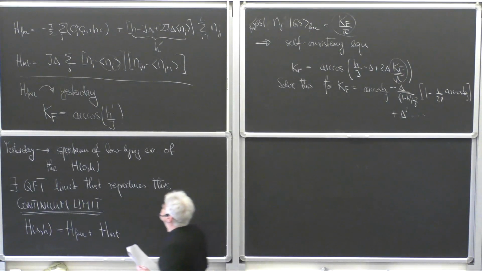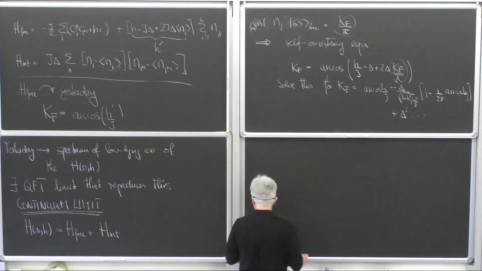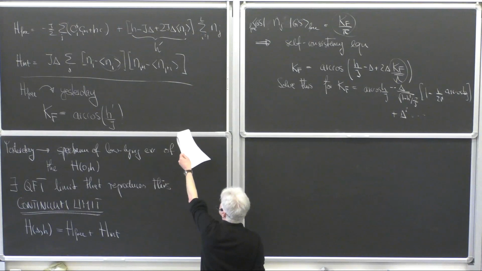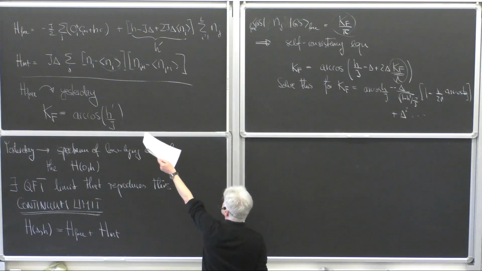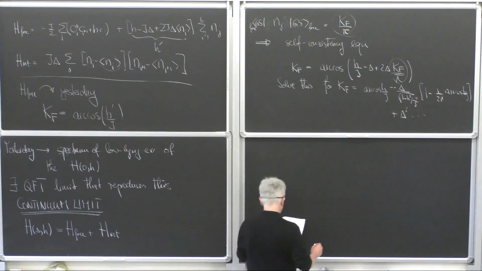Okay, so far I haven't really done anything. I have used what we did yesterday and taken into account some effects of the interactions. So now what I want to do is project this lattice Hamiltonian, both the free part and then the interaction part, to the low energy degrees of freedom.